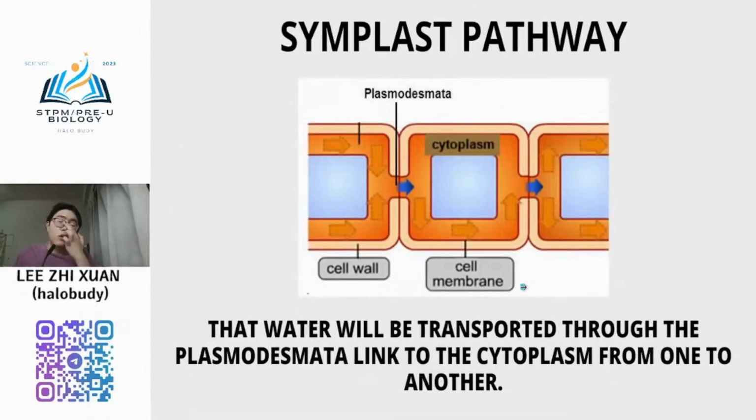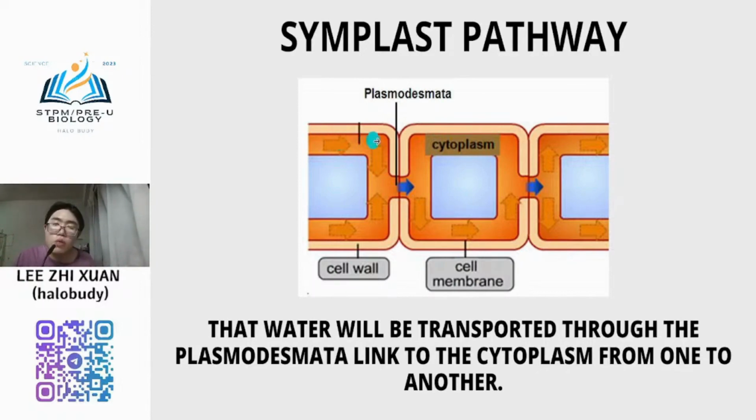Okay, the symplast pathway is very easy, because the water is transported through the plasmodesmata linked to the cytoplasm, meaning the water molecule passes through the cytoplasm. You will see this arrow.